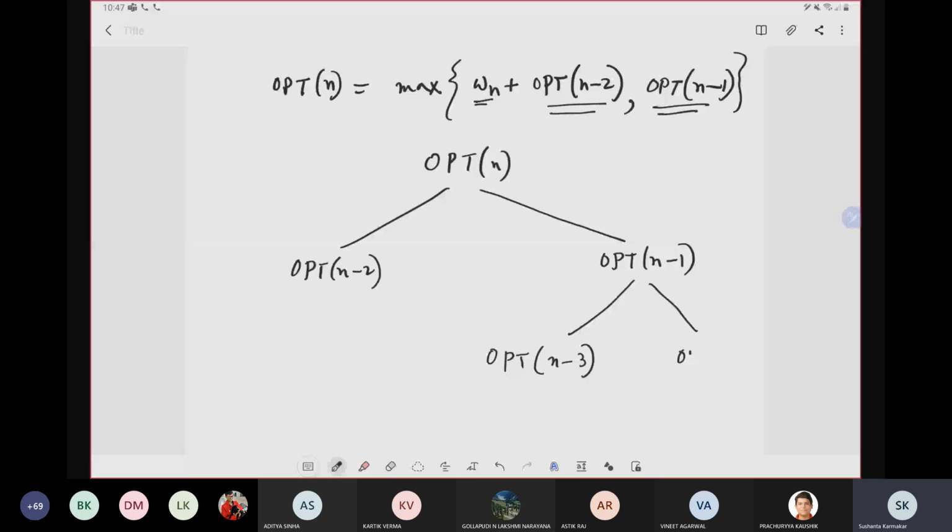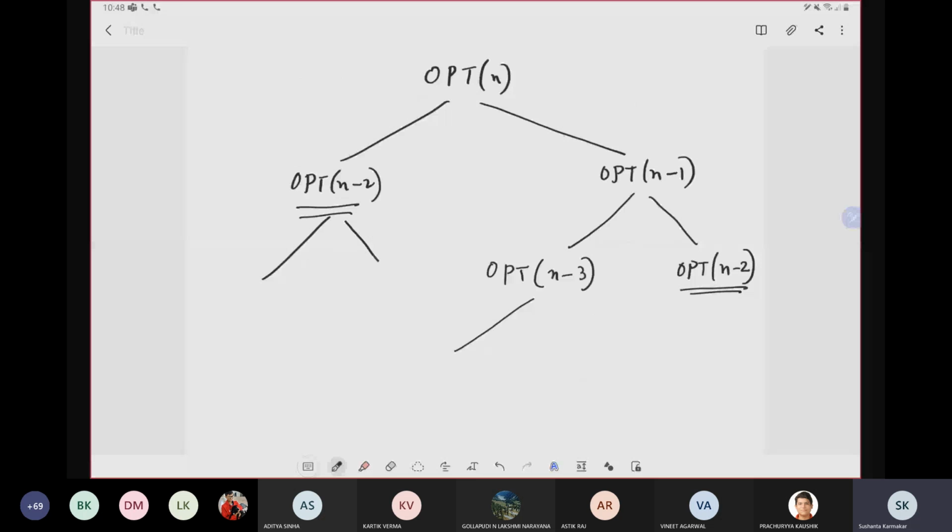Something very much common. Again, to compute opt n minus 2 here, you need opt n minus 4 and opt n minus 3. And you see this opt n minus 3 is there. These are common things. So if you go down like this, you will see many components are common.